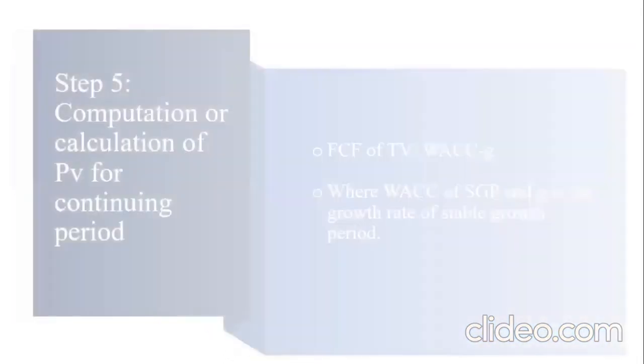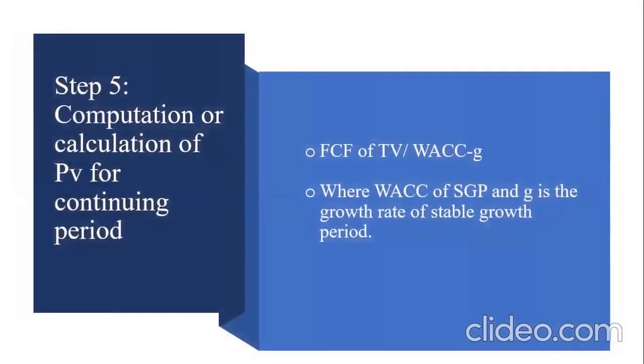The next step is calculation of present value for the continuing value. In the previous step, we calculated the present value of free cash flows by discounting the forecasted cash flows using the weighted average cost of capital of the higher growth period.